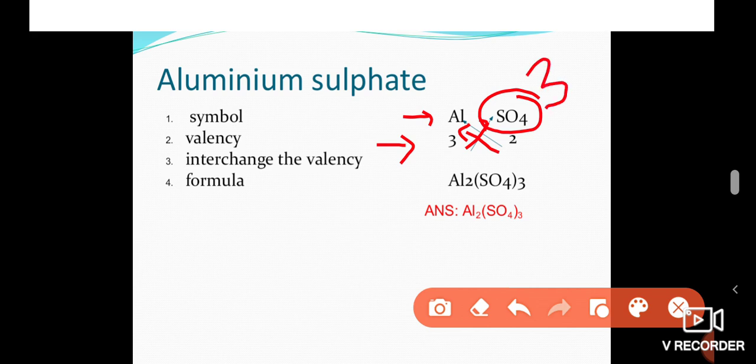More than one polyatomic ion means we should mention it inside the bracket. So finally we get Al2(SO4)3. We write the number as a subscript. In the second step, instead of valency, we can mention the charge also.